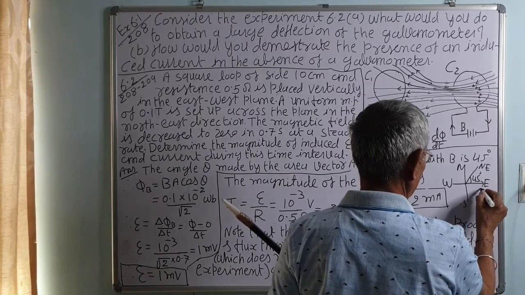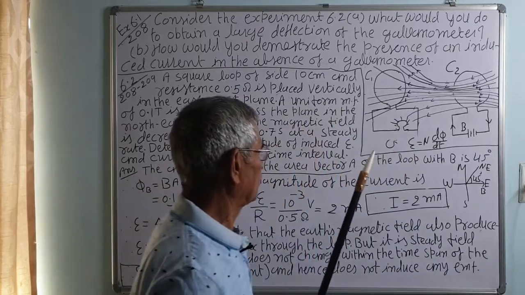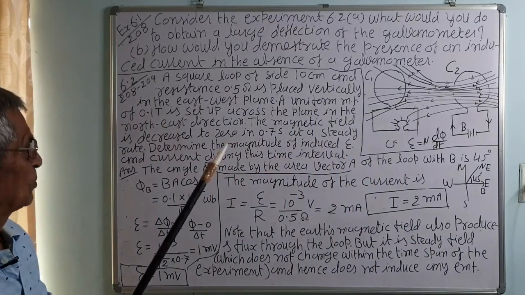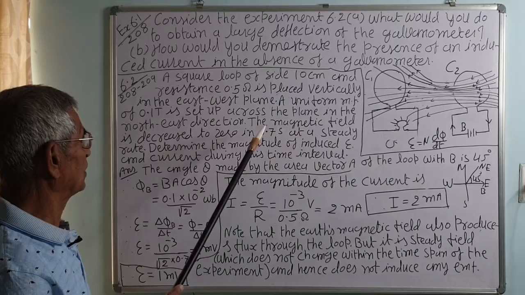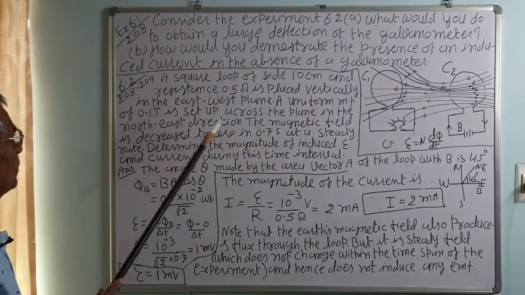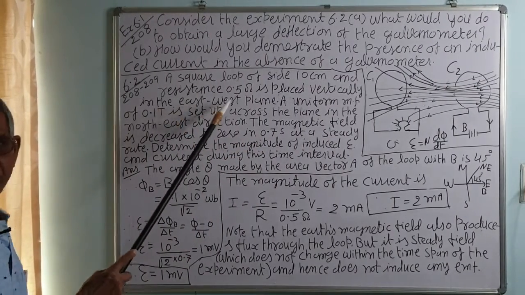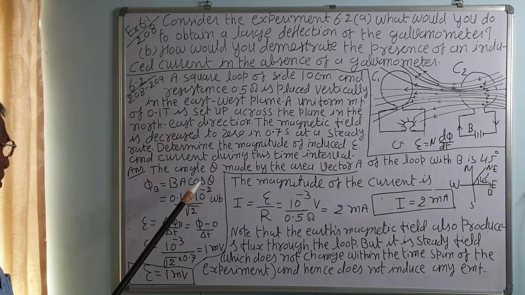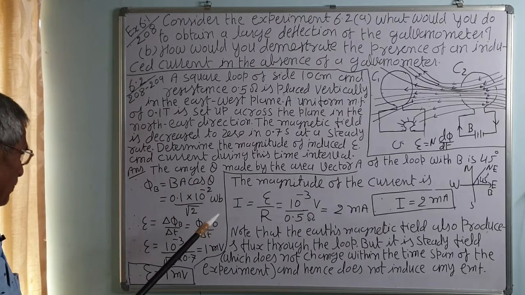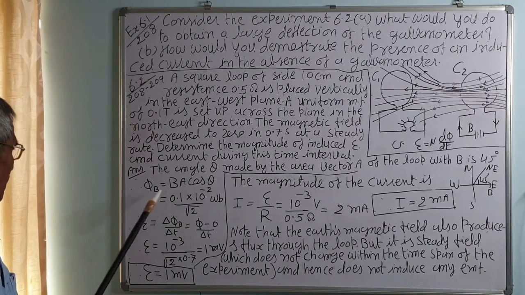The magnetic field is northeast, that is at 45 degree with the normal to the plane. The plane is in the east-west. So, the angle is 45 and cos 45 is 1 upon under root 2.